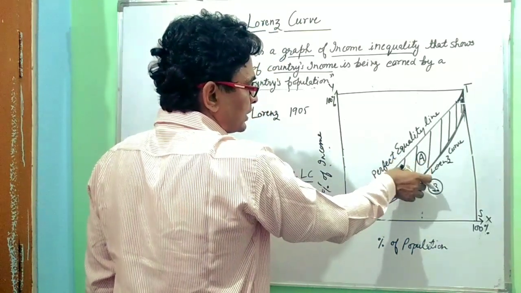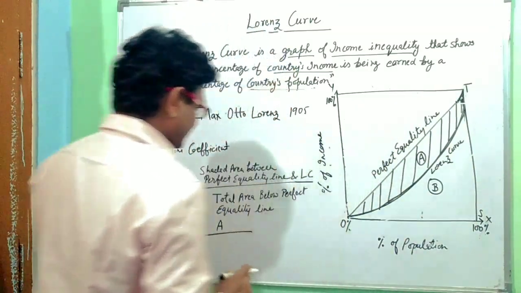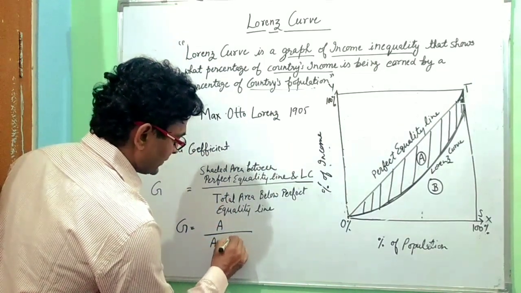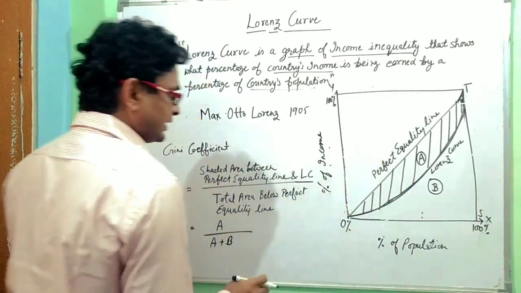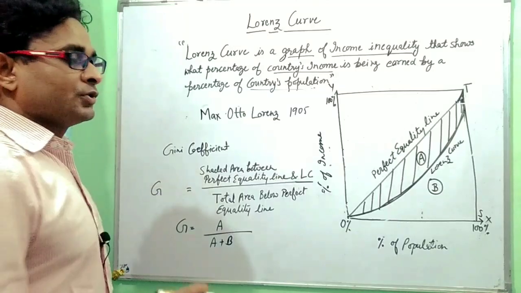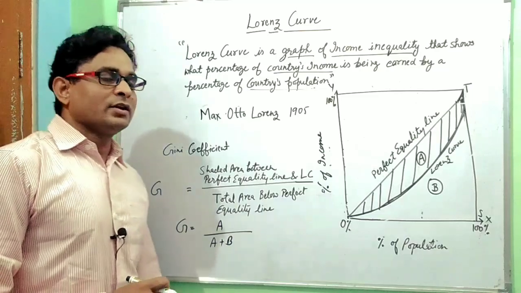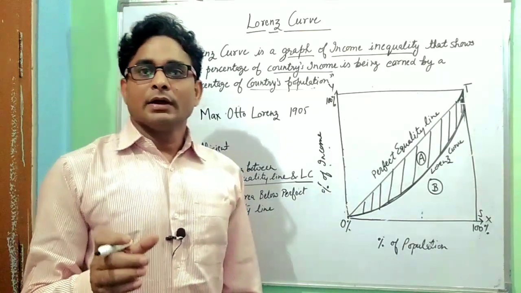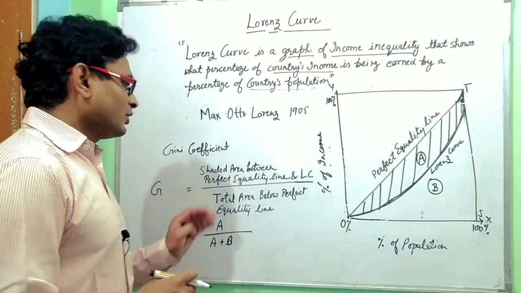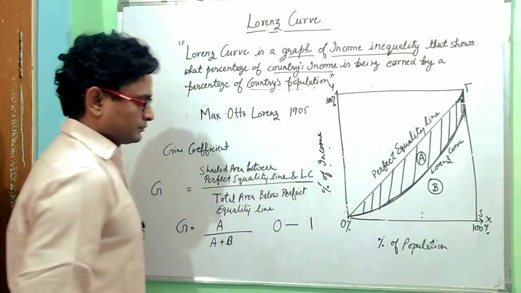If we combine these two areas, we get the total area below the perfect equality line, which is A plus B. With this method we can calculate the Gini coefficient of inequality.